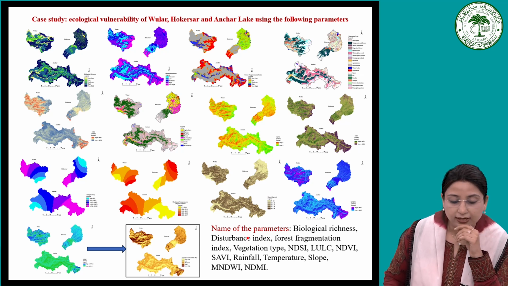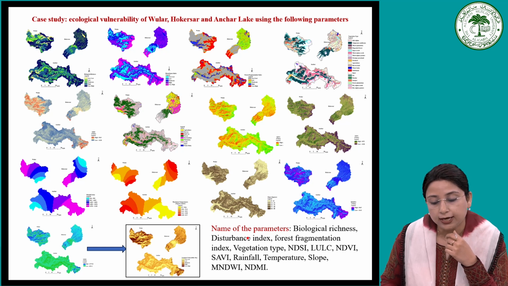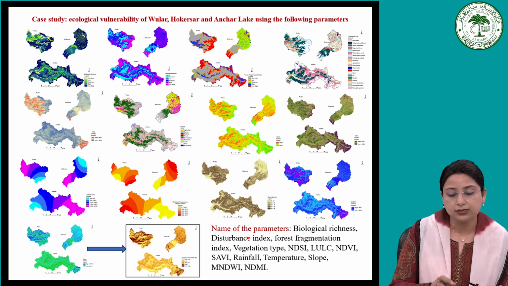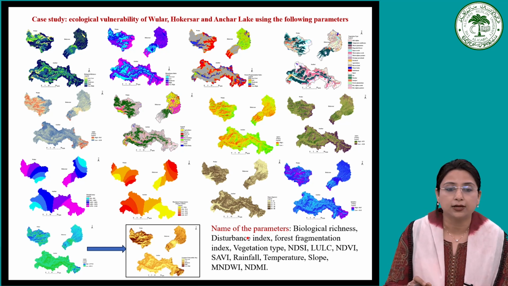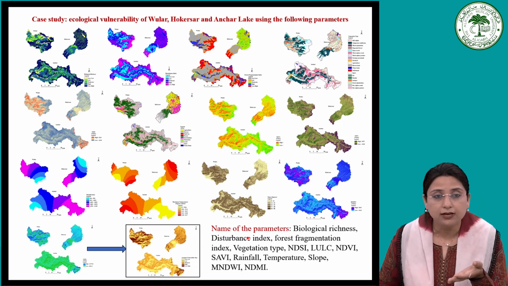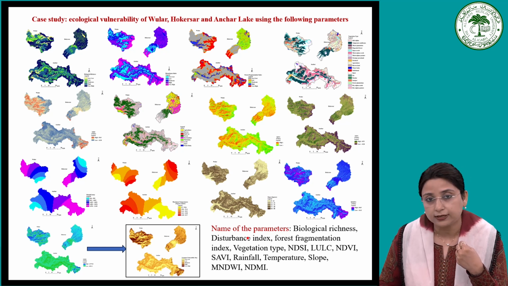Here we have done the ecological vulnerability of Wular, Hokersar and Anchar Lake using the following parameters. These are the water bodies of Kashmir: Wular, Hokersar and Anchar. In order to assess their ecological vulnerability, we have considered certain factors.